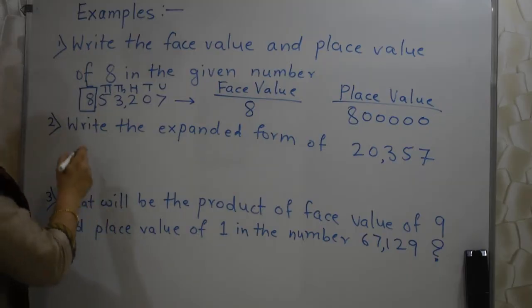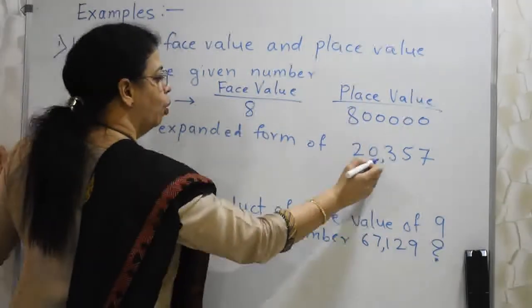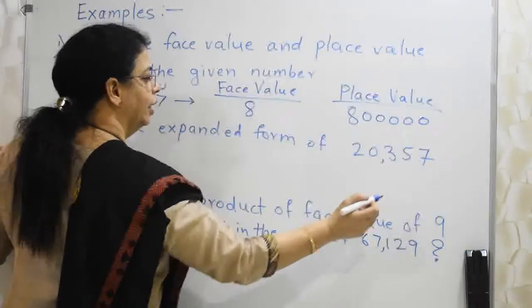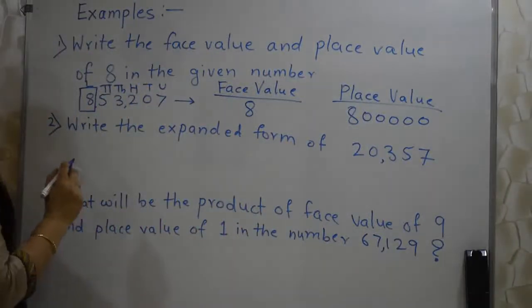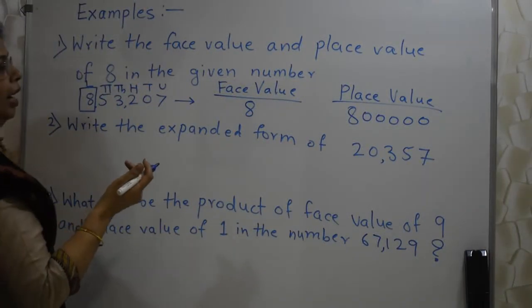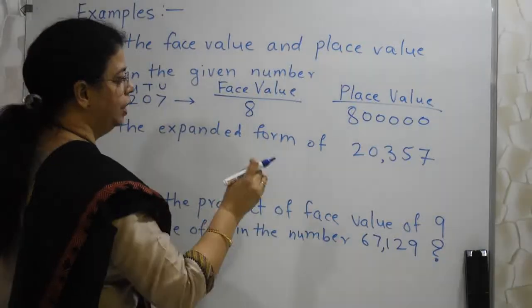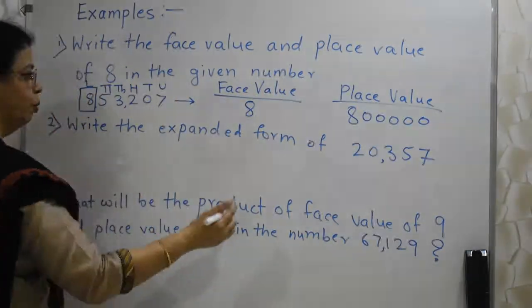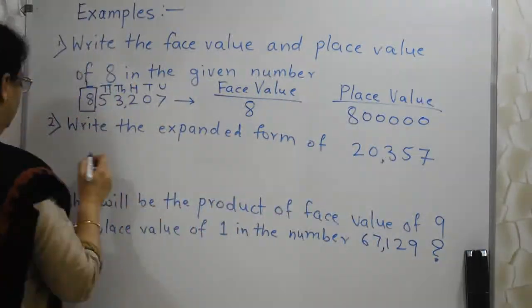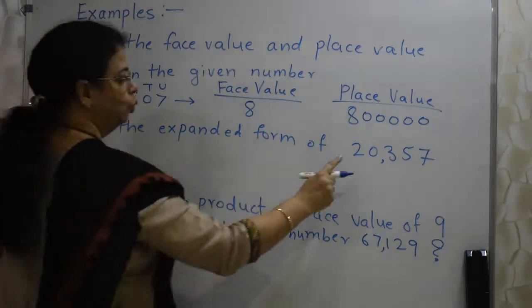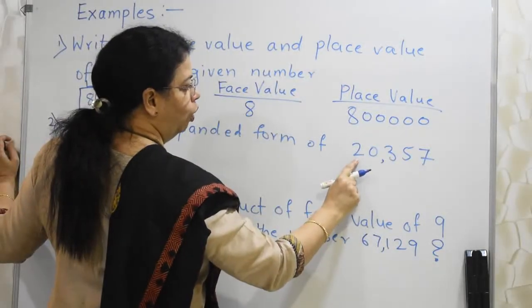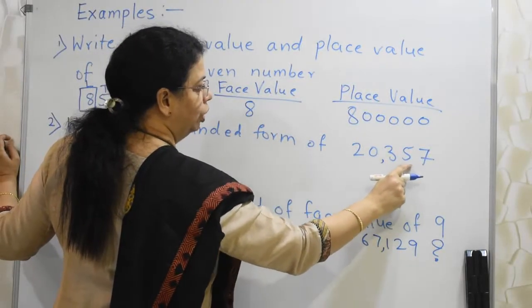In a few seconds, write the expanded form of 20,357. Expanded form is nothing but the addition of place value of each digit in the given number. So begin with the highest one, 2. What is the place value of 2? After 2, how many digits? 1, 2, 3, 4.